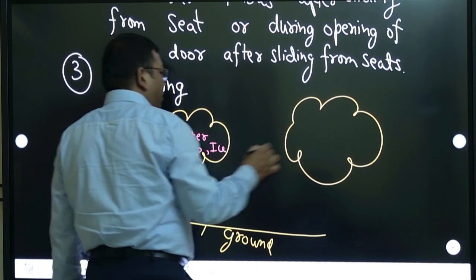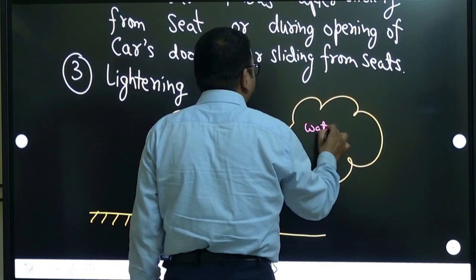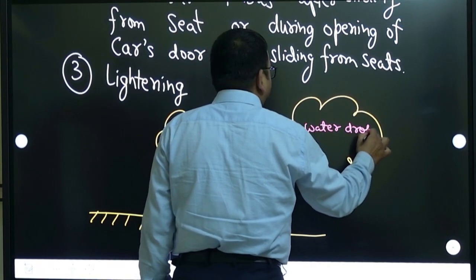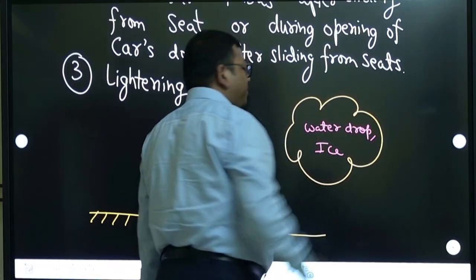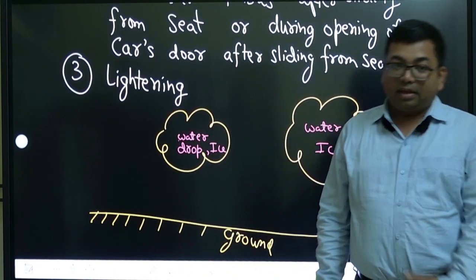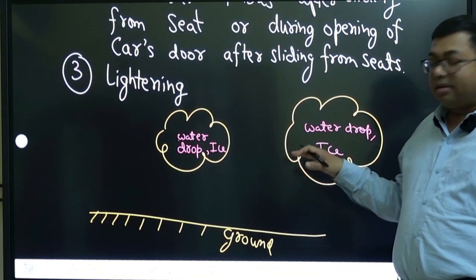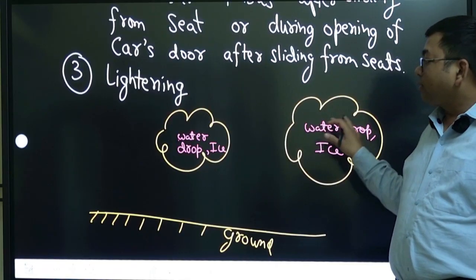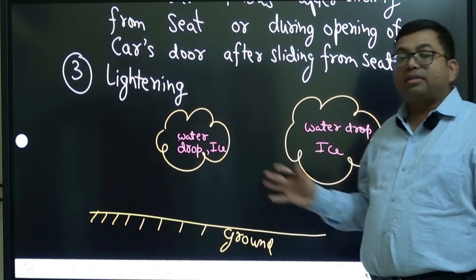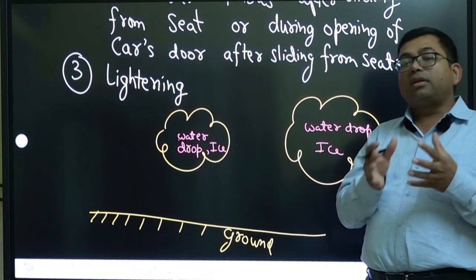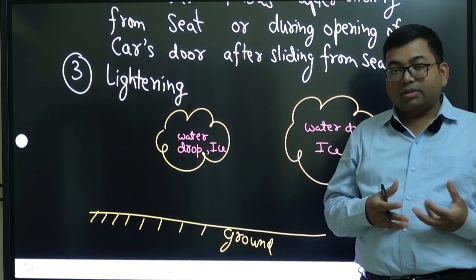Here also water drop, and some ice will be there. Okay, so what happens is that these water molecules are moving against the ice inside the cloud. Here also, any cloud you take, this is happening, and because of the friction they are developing charges, right?